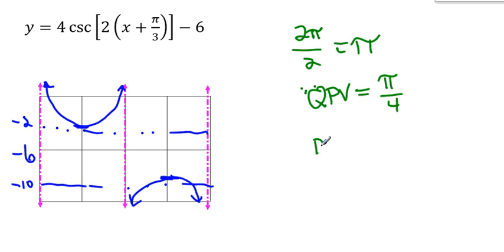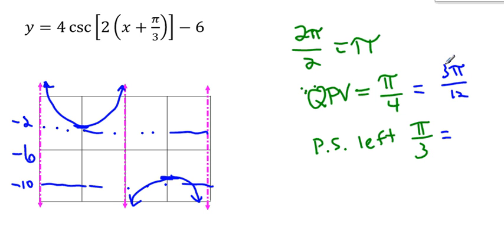And the phase shift is left by pi over 3. Our life is going to be a lot easier during this question if we write both the quarter period value and the phase shift in the same unit. So we're going to write them with denominator 12. The quarter period value will be 3 pi over 12, and the phase shift will be 4 pi over 12.